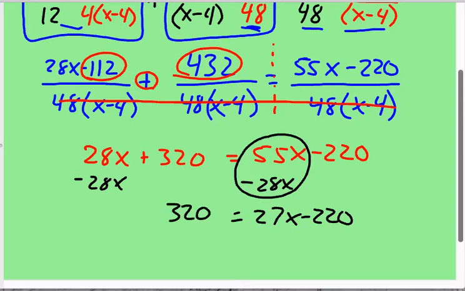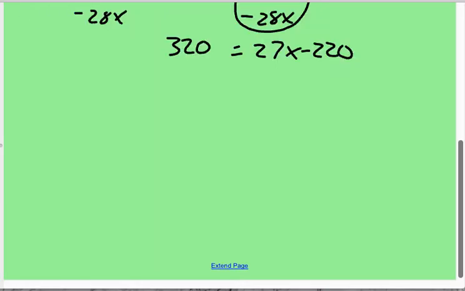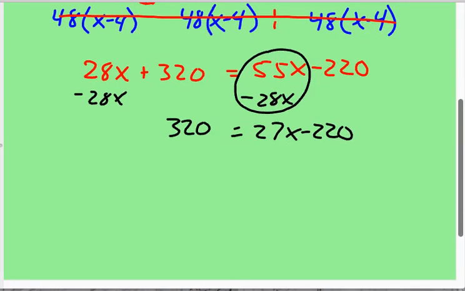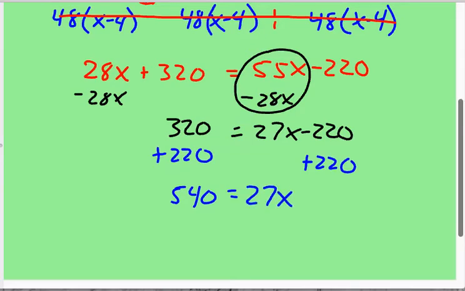I'm going to add 220 to both sides, and I'm going to get 540 equals 27x. Finally, dividing both sides by 27 on your calculator, you should get x equals, I think it's 20. X equals 20. And that's my answer.